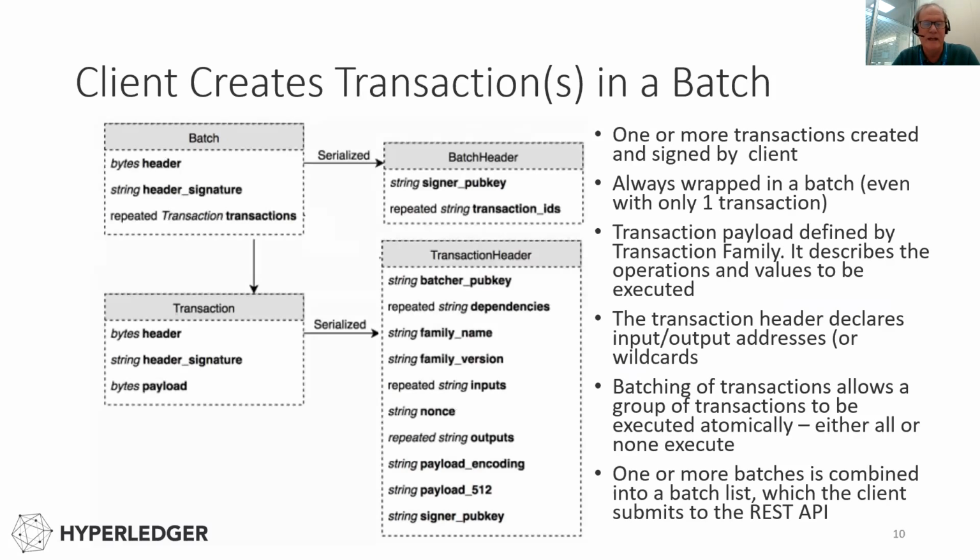First, you define a header, which gives various information about the transaction, like the public key used to sign it, any dependencies there may be on other transactions, the transaction family name and version, inputs and outputs, which is important. Those need to be set. The inputs list the inputs that this transaction is going to read, and outputs list the outputs that this transaction is going to write. These are very important to set. If you don't set them, you get an error.